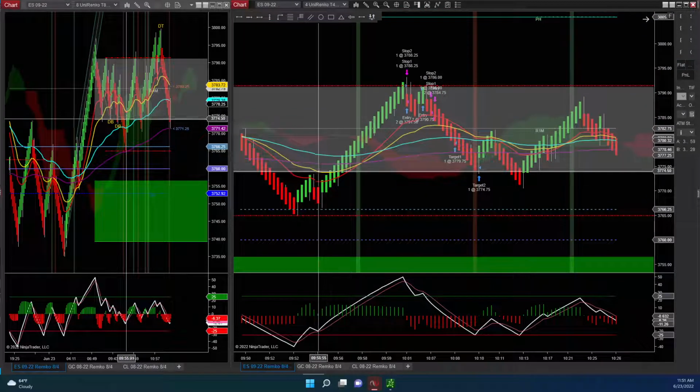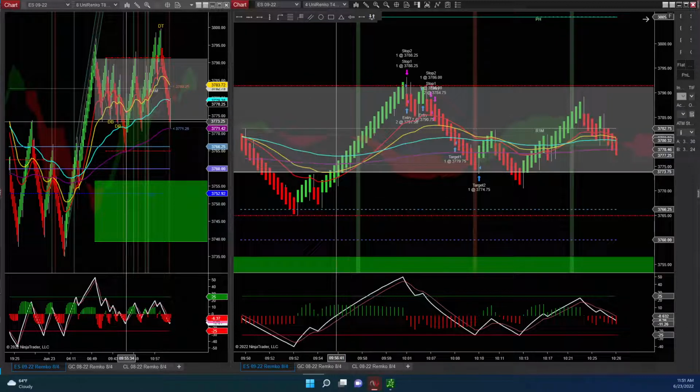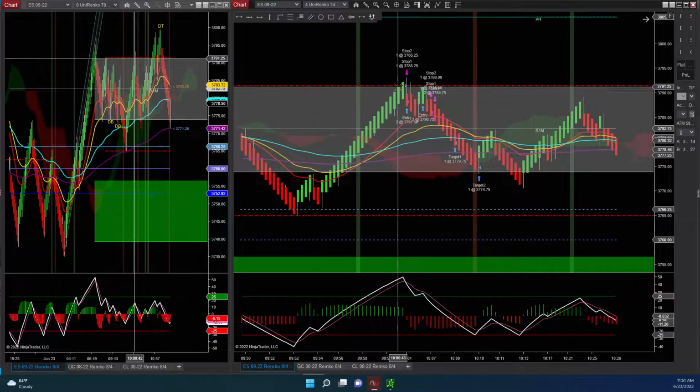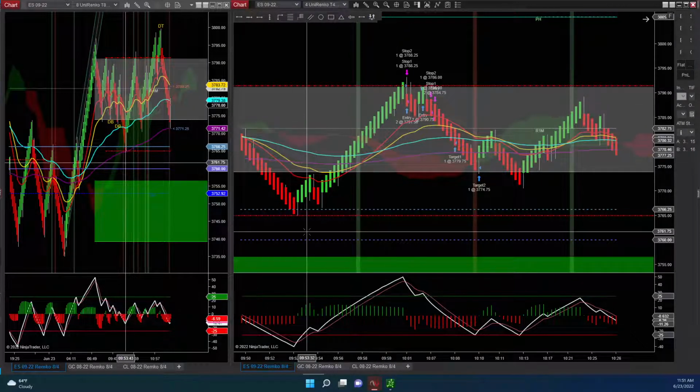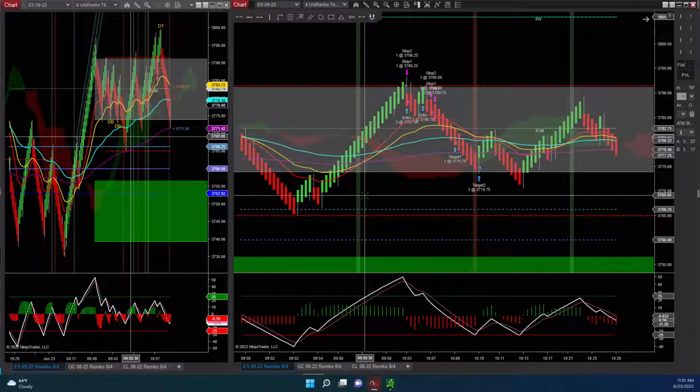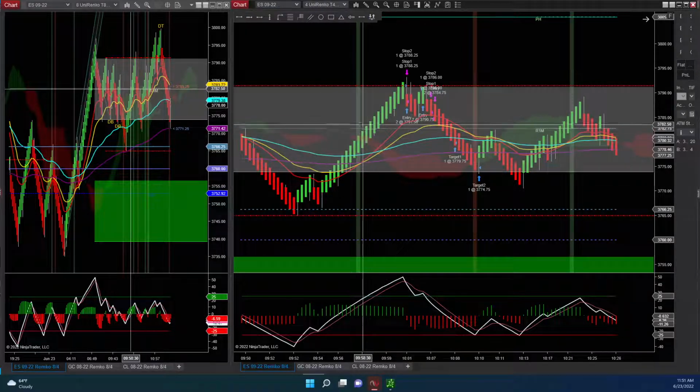The first one, as I said, was after this big move. It probably wasn't a good idea, but I took the trade thinking that this was going to break, since the range was formed coming from below to high.